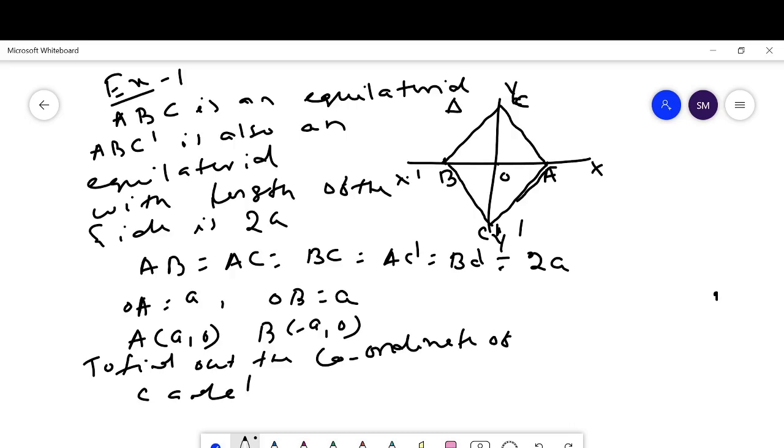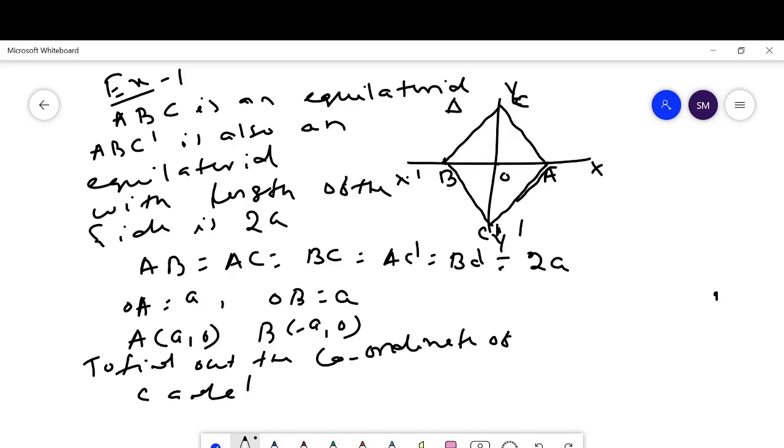Look at here. ABC is an equilateral triangle whose third vertices C and C dash lie on the perpendicular bisector of base AB. Here this is the middle point.